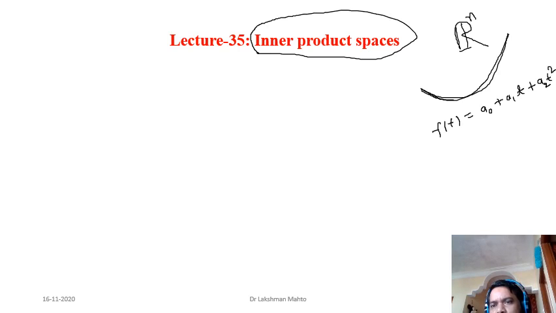Because this curve you are plotting in 2D looks non-linear, but in a different space it can behave like linear. Right now it is a non-linear function in R2 because it is a curve. But I can make it a linear function in a different dimension, in a different space.